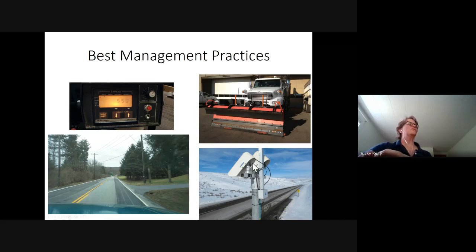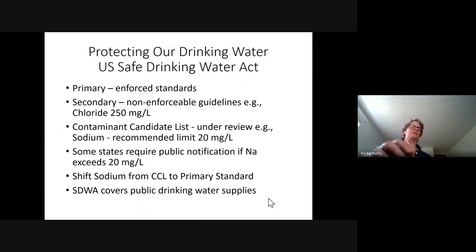And then these road weather information systems provide a way for the road crews and the public to look at the conditions of the road itself and decide, do I need to go out there and treat the road, or for the public, should I be out there driving on it? So those are some recommendations for ways to reduce the amount of salt.